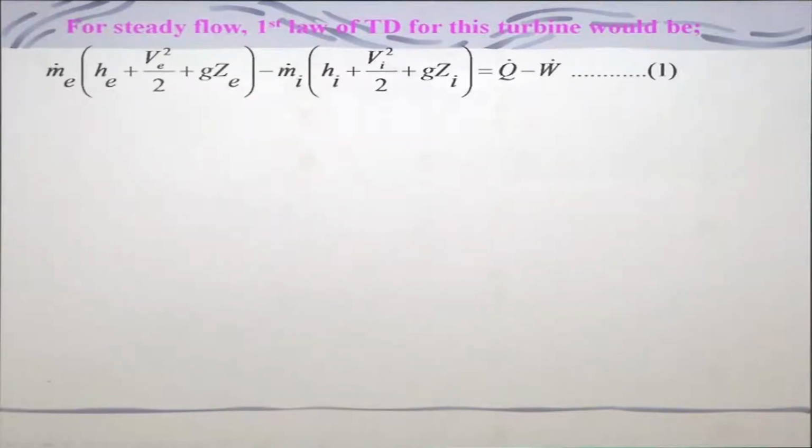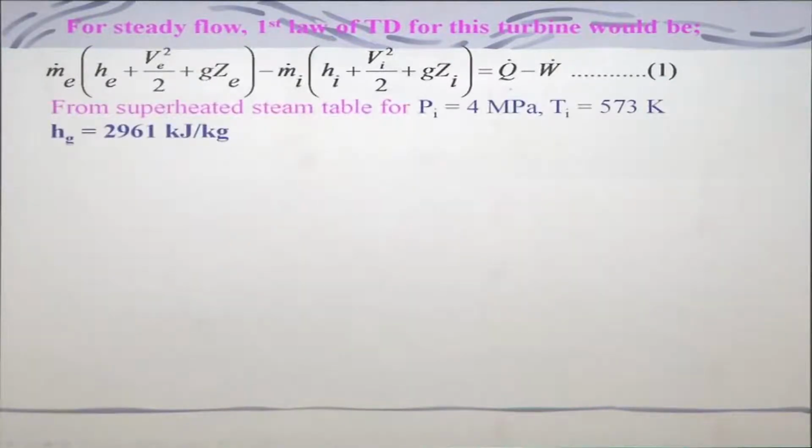We will invoke the first law, which consists of the total energy term including the flow work and the heat and work interactions. We take the data from the superheated steam table at pressure P inlet 4 megapascals and T inlet 573, and we get the enthalpy as 2961 kilojoule per kg.